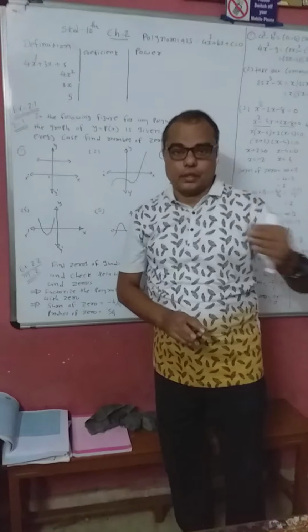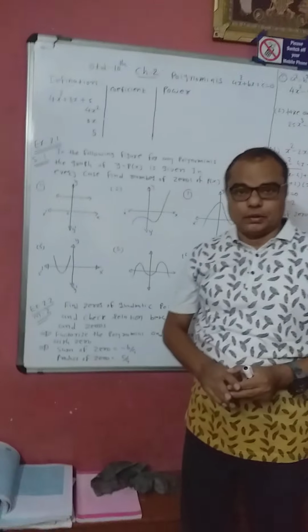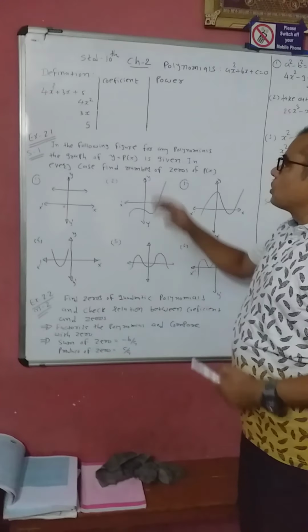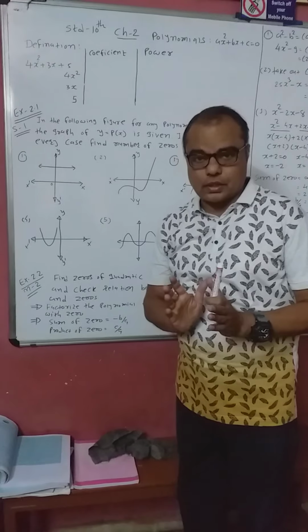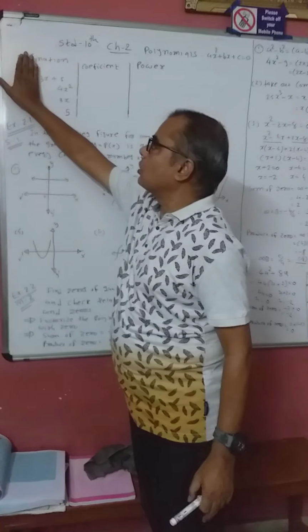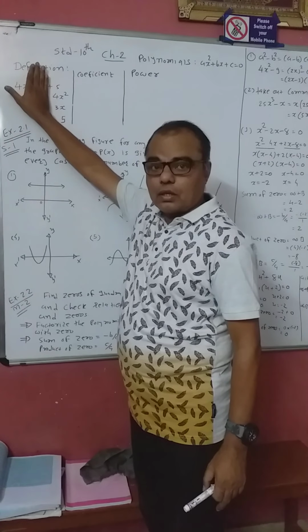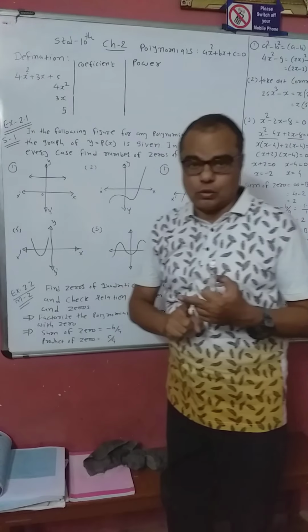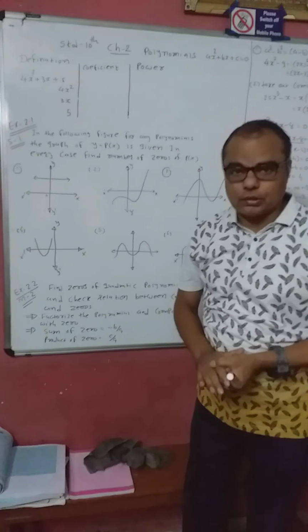More than 2 terms is known as polynomial. Suppose this is a polynomial with 1, 2, 3 terms, a trinomial. Suppose I remove this, it is a binomial. I remove this one, it will be a monomial. 1 term monomial, 2 terms binomial, 3 terms trinomial.